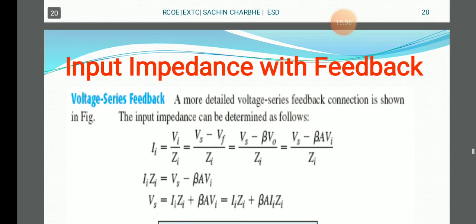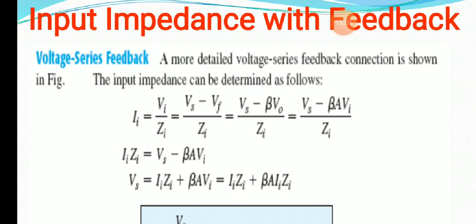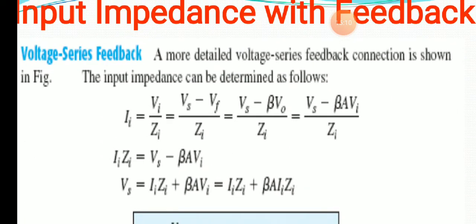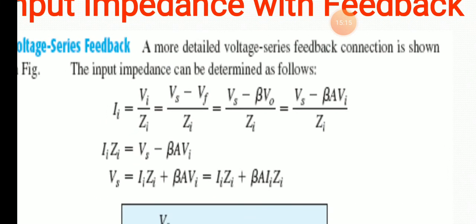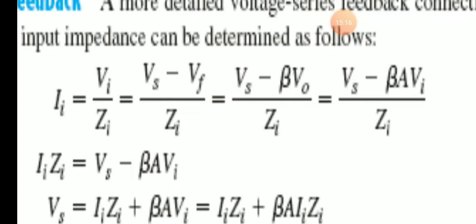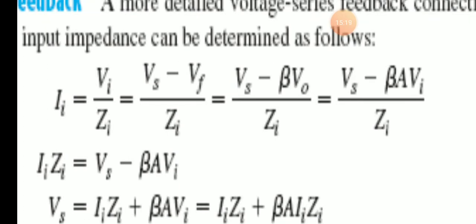Now input impedance with the feedback. The more detailed voltage series feedback connection is shown in the figure, which we already studied. Input current is nothing but the input voltage by Zi, where Zi is used for the input impedance. What is input voltage? That is Vs minus Vf, source voltage minus feedback voltage, divided by Zi.